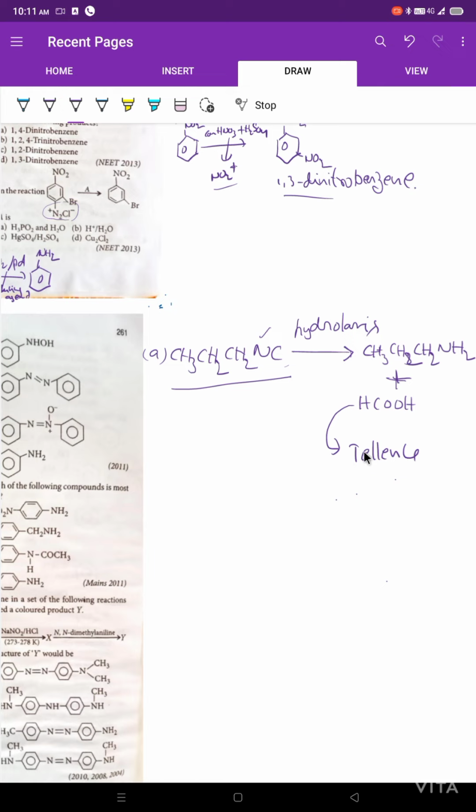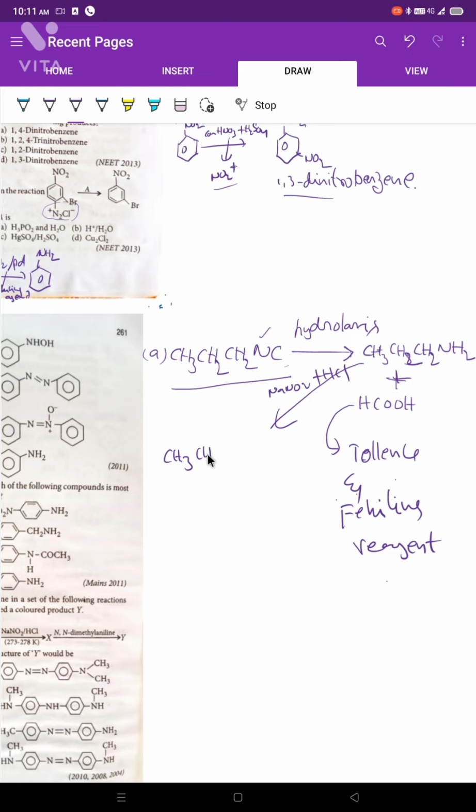Whereas the amine reacts with NaNO2 plus HCl and gives rise to CH3CH2CH2N2+Cl-, which is unstable.